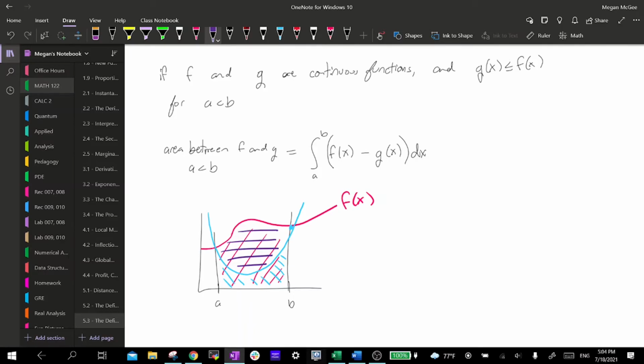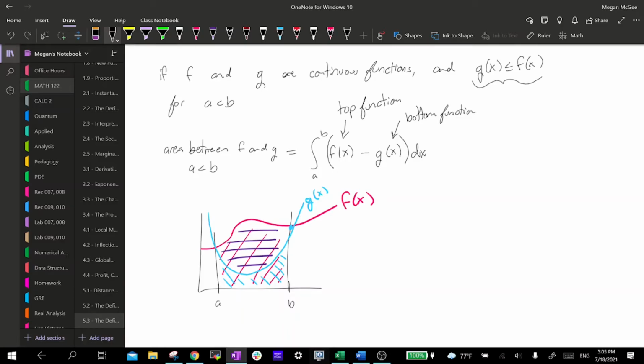Well, we need to first identify the quote-unquote top function and bottom function. So this is our top function. Okay, and g of x is going to be our bottom function. And I didn't label g of x on the graph. G of x, there we go. Okay, and we know this because we have g of x is less than f of x.